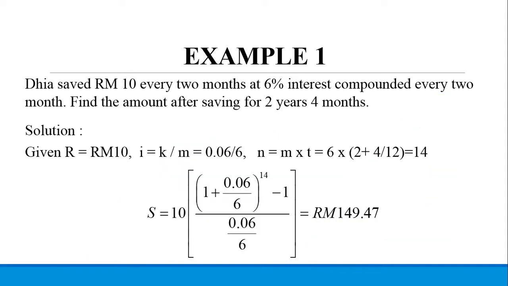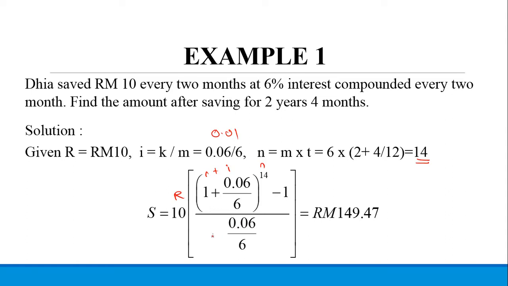So this is how you do it. R is 10 ringgit, i is 0.01, and m multiplied by t gives 14. Just substitute into the formula: R times (1 plus i, which is 0.01) to the power of n, which is 14, minus 1, divided by 0.01, which is 0.06 over 6.